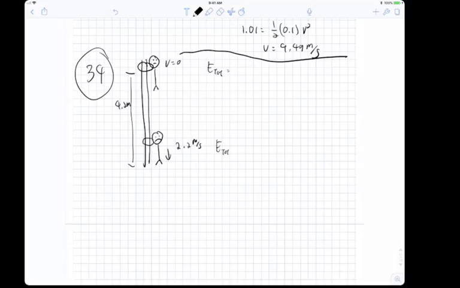Total energy, there's gravitational potential energy, and there's heat, and there's kinetic energy. Same thing at the bottom. At the top, the gravitational potential energy is 4.2 times 9.81 times 80 kilograms.